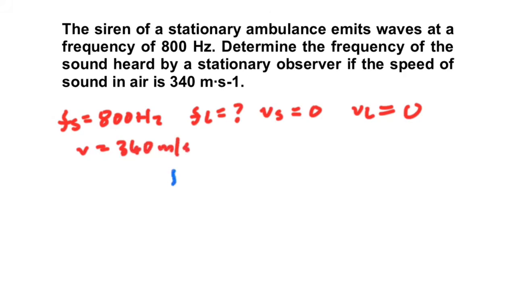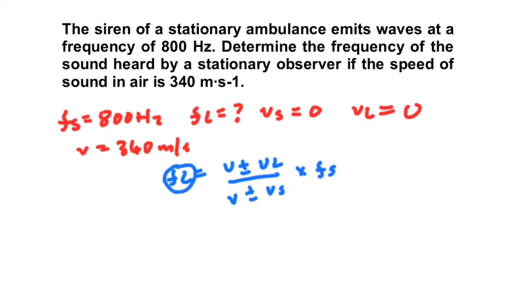We know that FL should be equal to (V plus or minus VL) divided by (V plus or minus VS) multiplied by FS. We want FL. This is what you're interested in. We are given FS, V, VL, VS, and now it's just a matter of substituting.